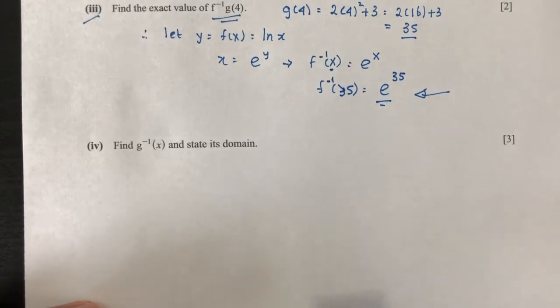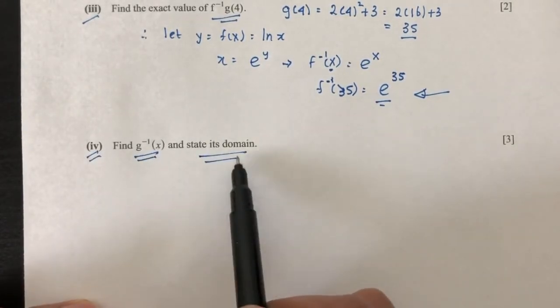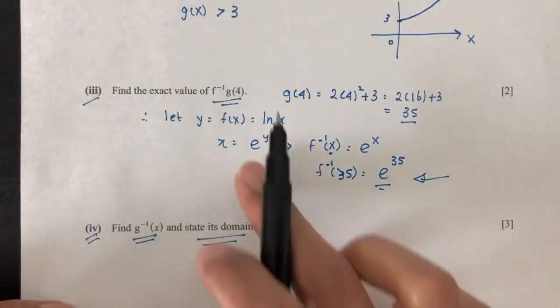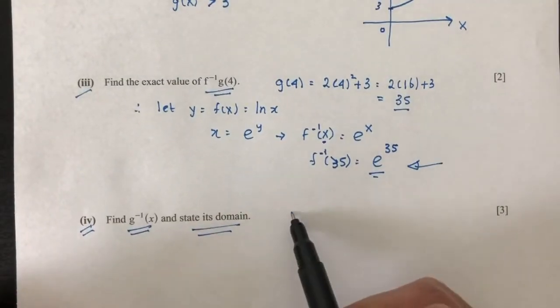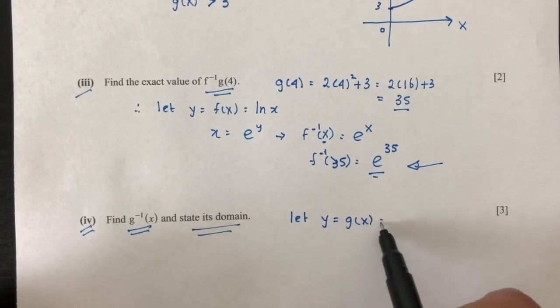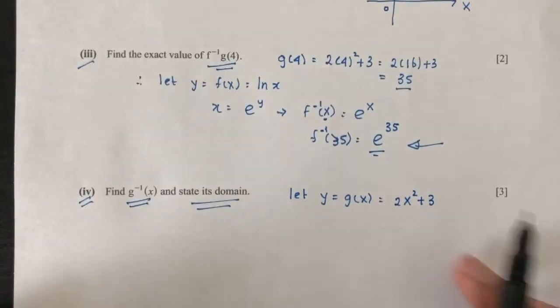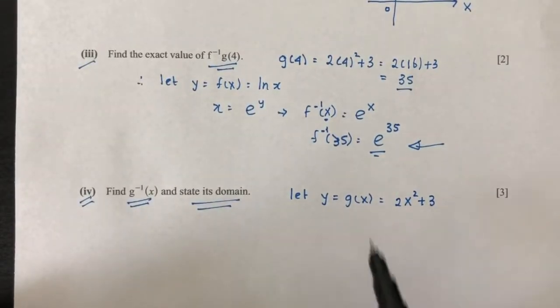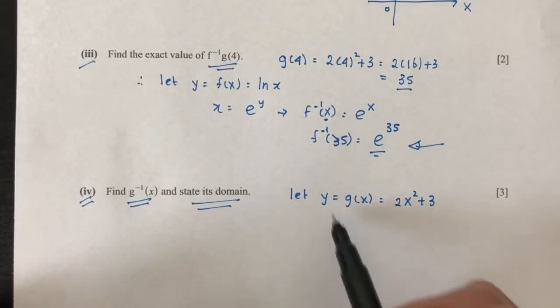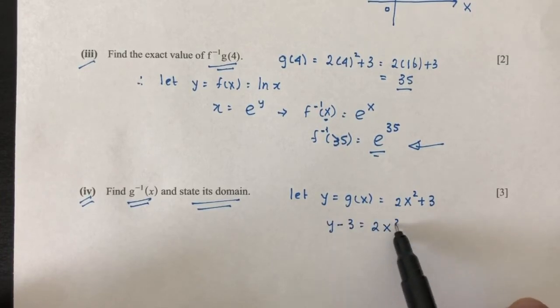Okay, so now find g inverse and state its domain. Same method. The first thing we always do is let y equal g of x, which is 2x squared plus 3. When you have this, you have to make x the subject of the formula. So we send 3 over here, we have y minus 3 equal to 2x squared.